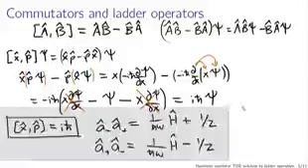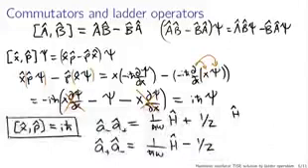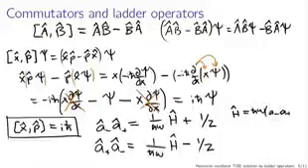What we get for the Hamiltonian, h hat, is h bar omega times a minus a plus operators minus a half. Or alternatively, the Hamiltonian is equal to h bar omega a plus a minus plus a half.